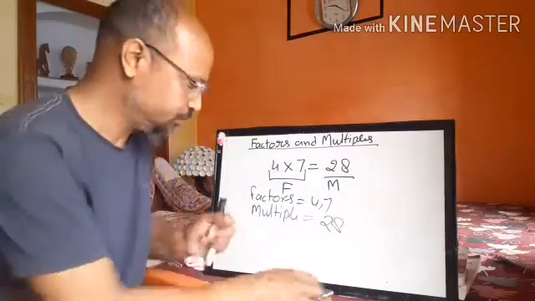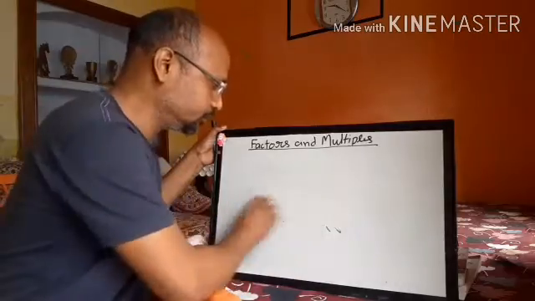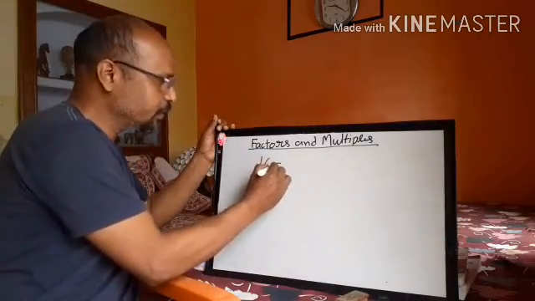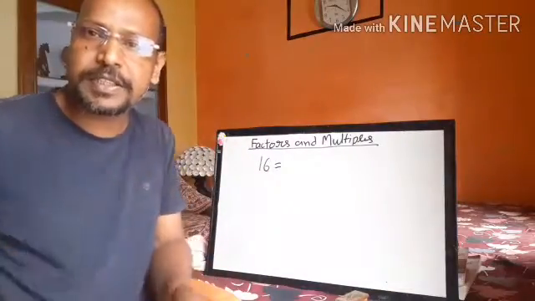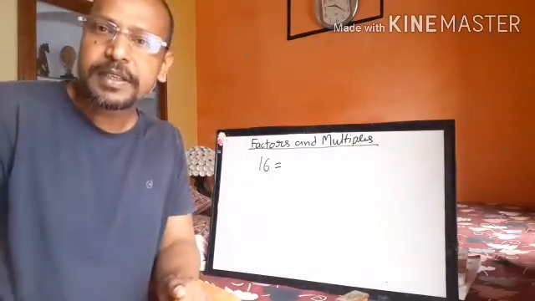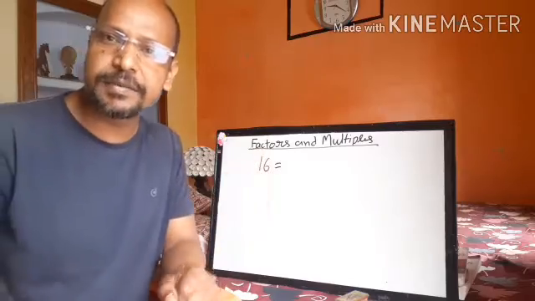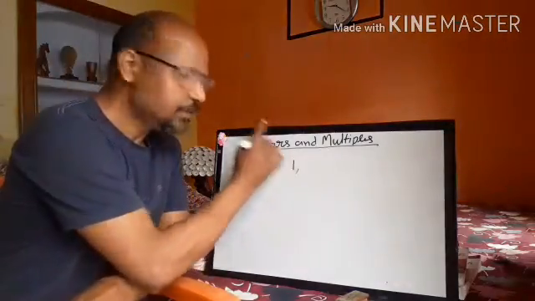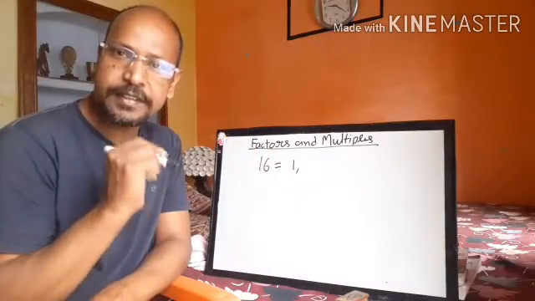For example, I'm taking 16. So let's start to think about 16. By which numbers is this 16 divisible? Let's start with 1. It is divisible by 1. 1 16s are 16.